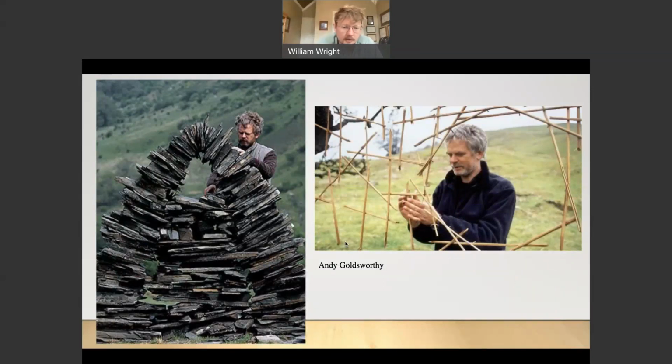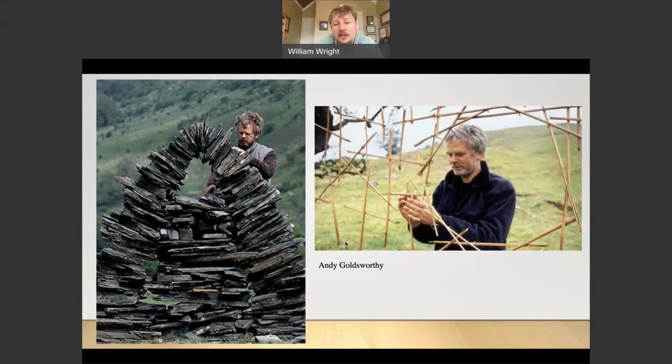We'll talk more about these later, but artists who make earthworks use the natural objects around them to create things, and they can be sort of moving. You think about Stonehenge, which is just a stack of rocks, and Goldsworthy does this sort of stuff. Here he's pinning together these reeds, in the image on the right.